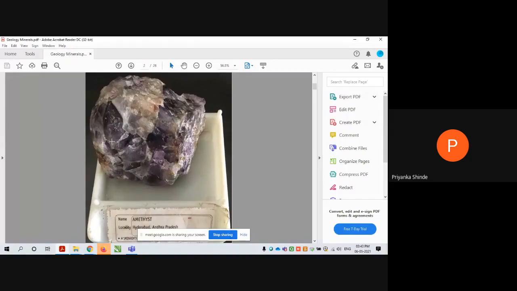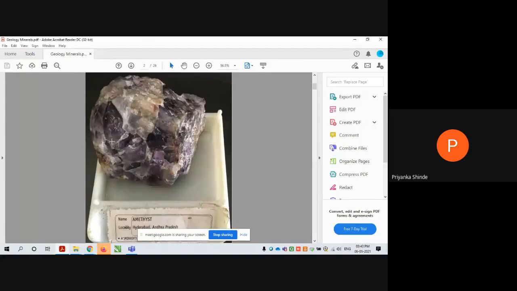So it looks like your coconut shell. Outside you will find a shell, and inside you see the white coconut. Same way, inside minerals will be there and outside rock will be there. Rounded, you will find.